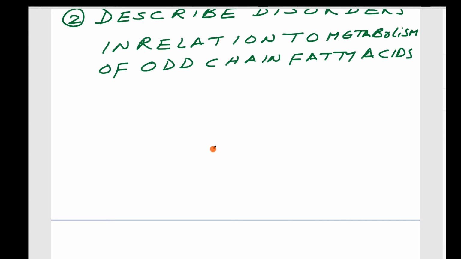As you know, odd chain fatty acids means an odd number of carbons are present. There are many examples.